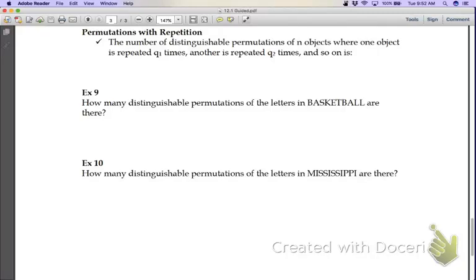So where we left off yesterday with the permutations and fundamental counting principle with distinguishable permutations, basically where you have repetition. So like in this case where it says how many distinguishable permutations of the letters in basketball are there?